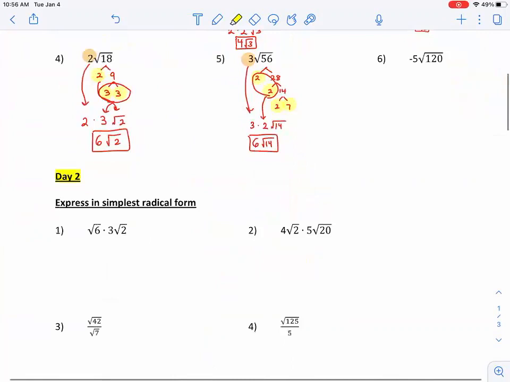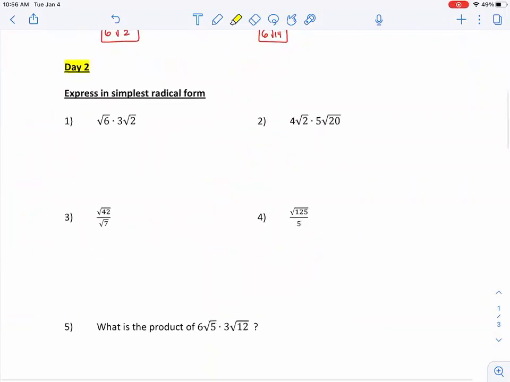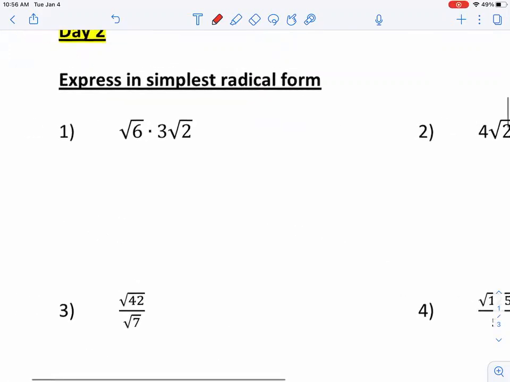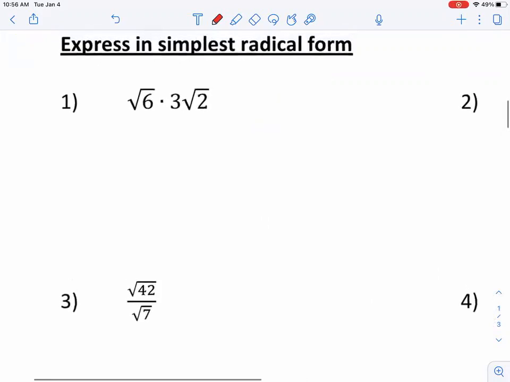Now, in the next section, it's similar, but we have a couple of different parts. I don't know if you're going to think this is harder or easier, but what we want to do is we want to multiply these things. And there's many ways that we can do this.